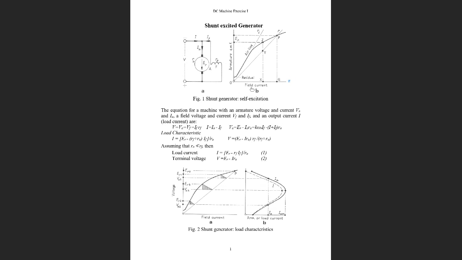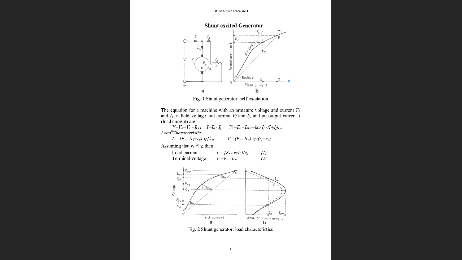Now, based on these two figures, we have the following equations describing the relationships between the field voltage, field current, field resistance, armature current, armature voltage, armature resistance, rotor rotation speed and generated voltage. With an understanding of the above figures and the symbols we marked on them, we have these voltage equations.